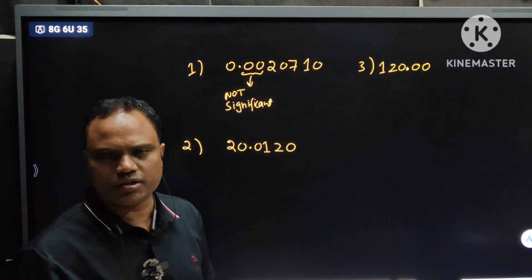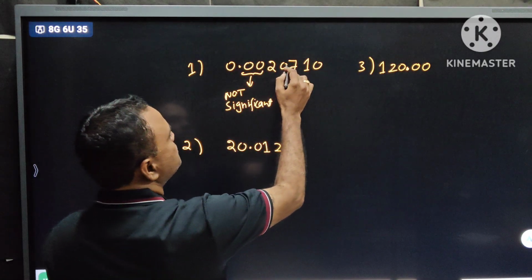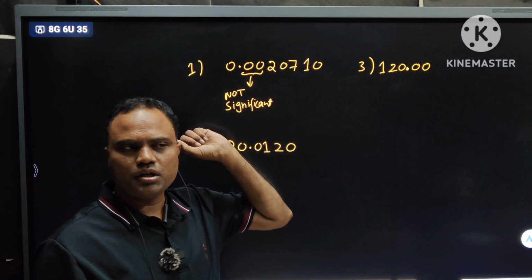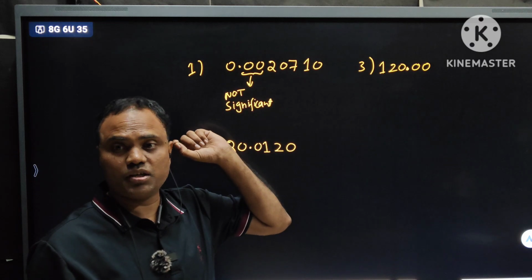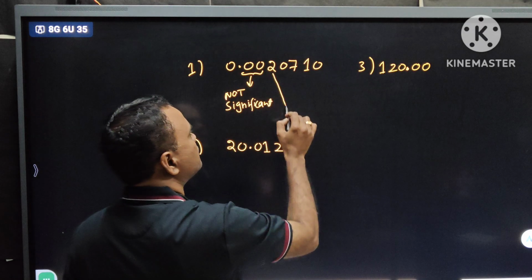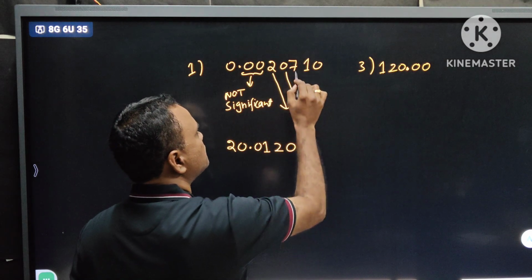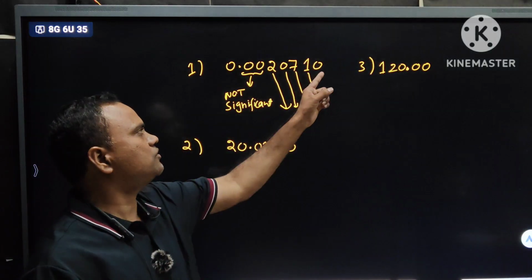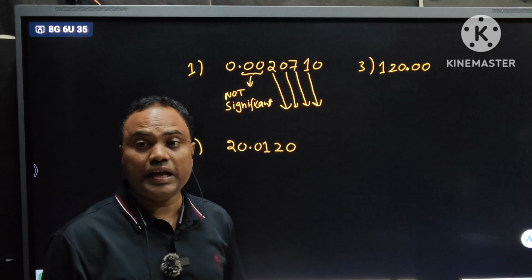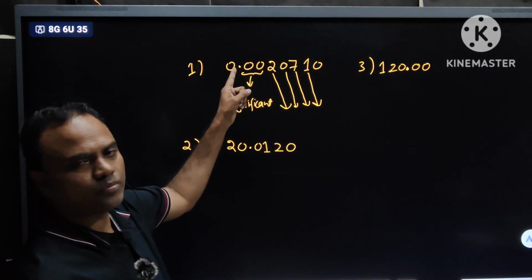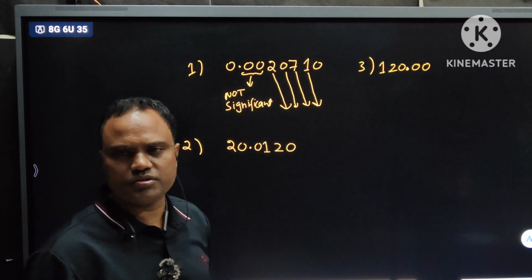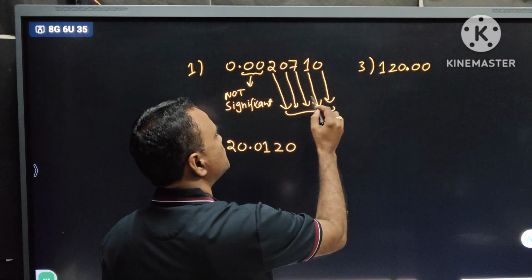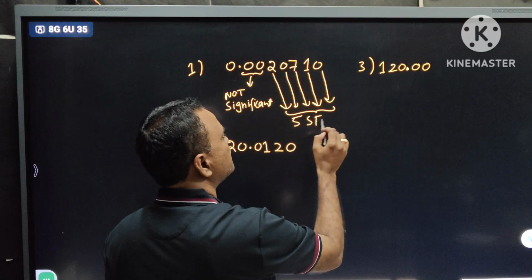Starting zeros are not significant. See here, 0 is present, but in between two significant figures, so this is significant. What about this 0? Ending 0 after the decimal point, significant. So total how many significant figures do we have? 1, 2, 3, 4, 5. 5 significant figures.